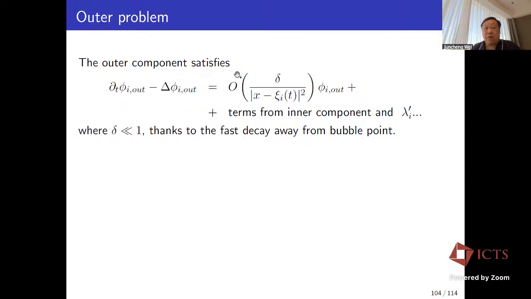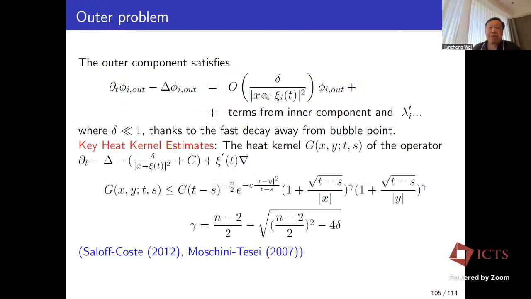Now for the outer problem, we have the following key heat kernel estimate, which is very useful. It says that as long as the coefficient of your Hardy term is small, you can have a very good estimate for the heat kernel. And this gives us the decay estimate for the outer problem.